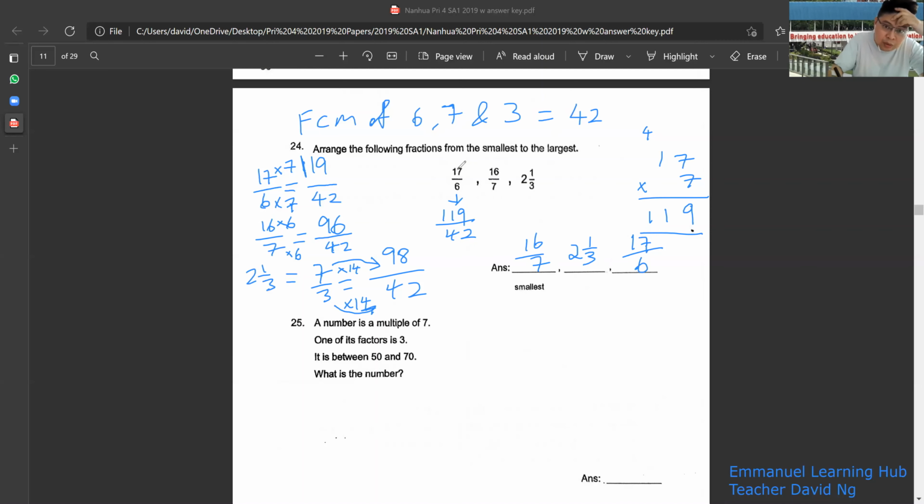It's because you did it in terms of common denominator. Can you see the denominator is now common?